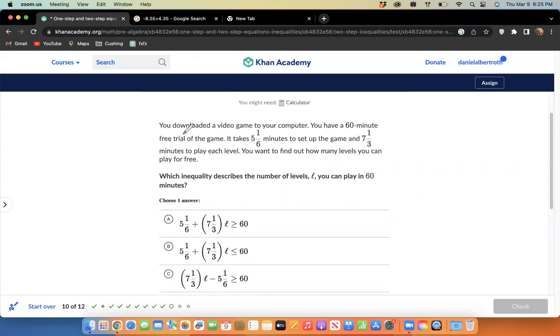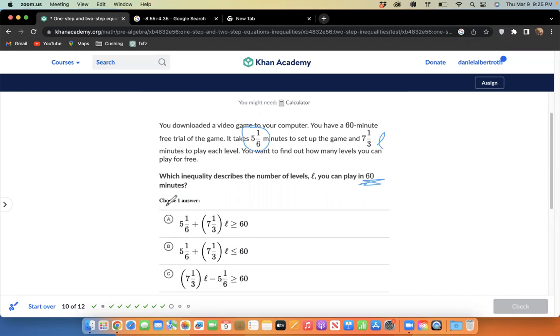All right, this one says you downloaded a video game to your computer. You have a 60-minute free trial of the game. It takes 5 and 1/6 minutes to set up the game and 7 and 1/3 minutes to play each level. You want to find out how many levels you can play for free. So it's going to be 5 and 1/6 plus 7 and 1/3 times L, the amount of levels that you play. And that needs to be less than or equal to 60.